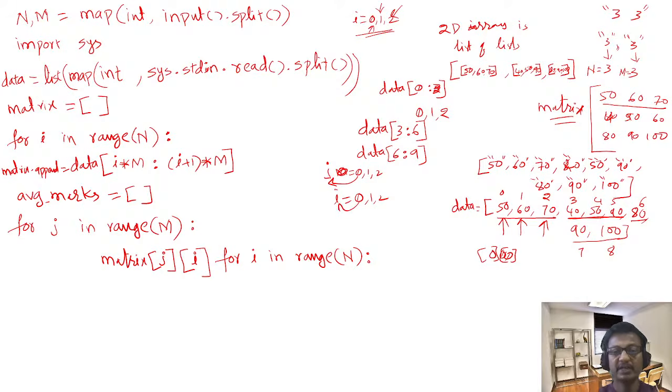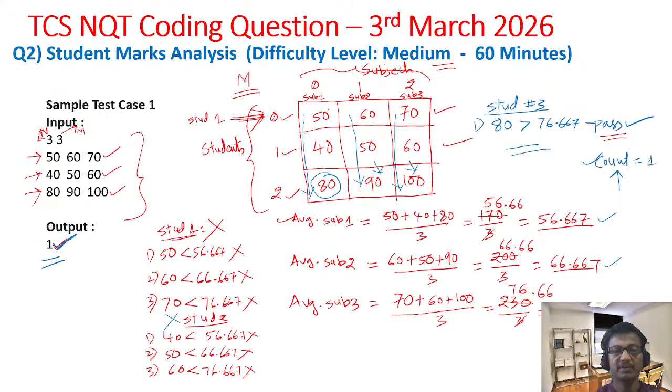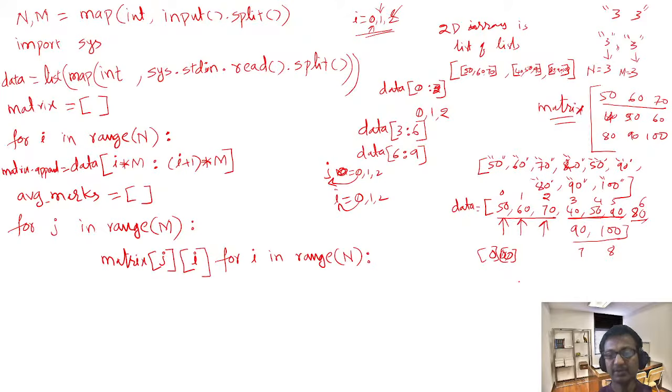So you get matrix of 0 0, that means this first value you get here. Then i value becomes 1 here, so matrix of 0 1 you get here. That means column 0.